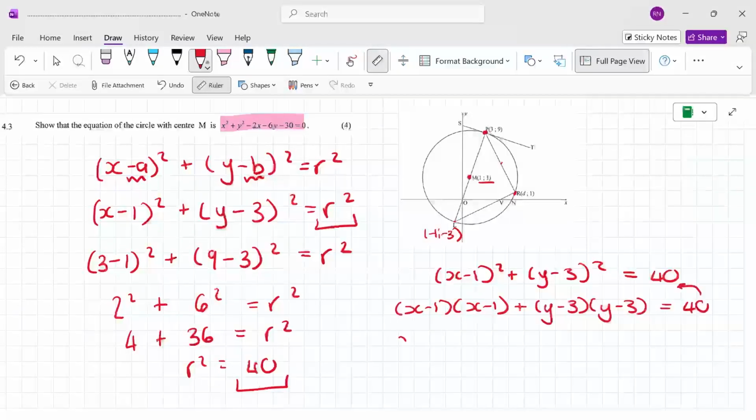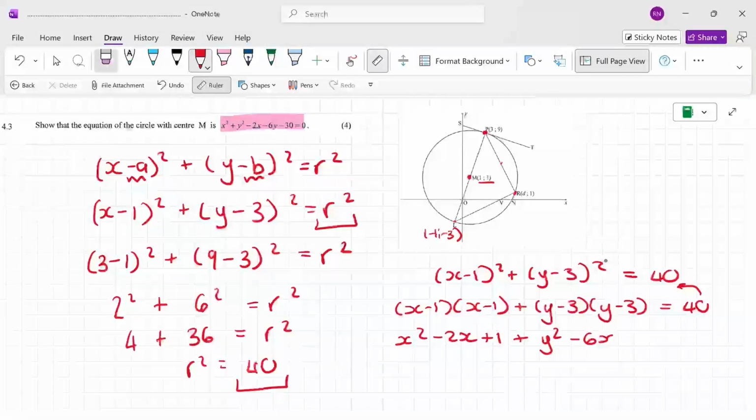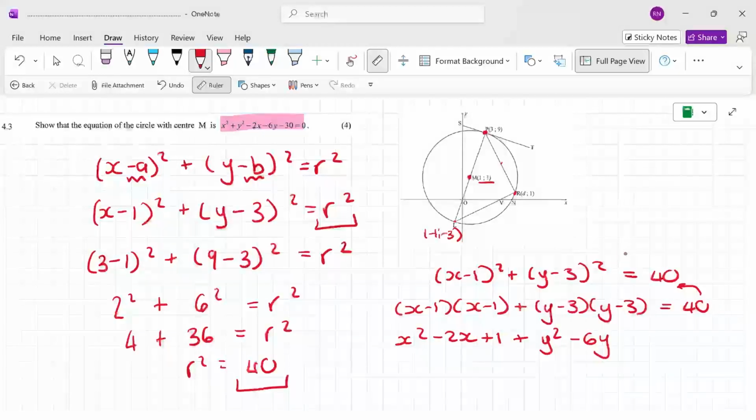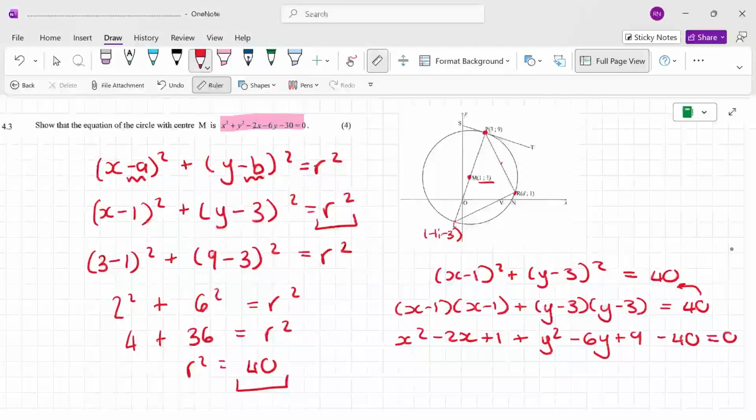So x minus 1 gives me x squared minus 2x plus 1, and then this gives me y squared minus 6y plus 9. And I'm going to say, let's move the 40 there already. That's fine. Okay.